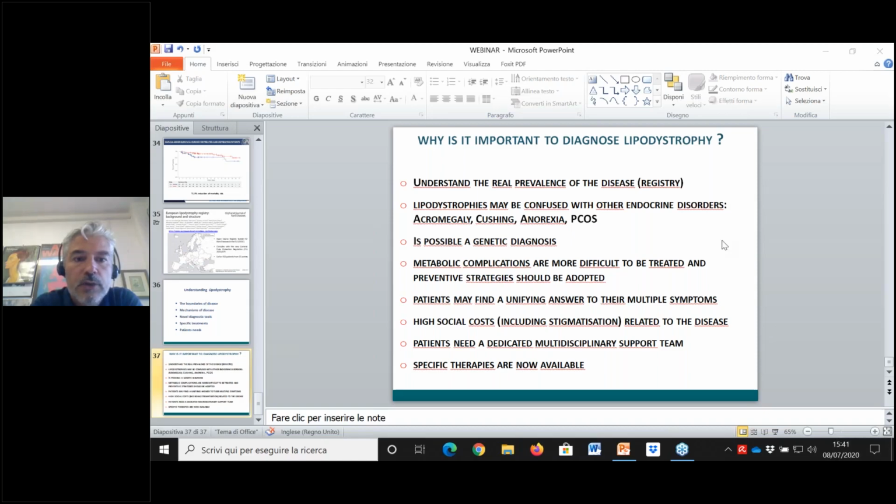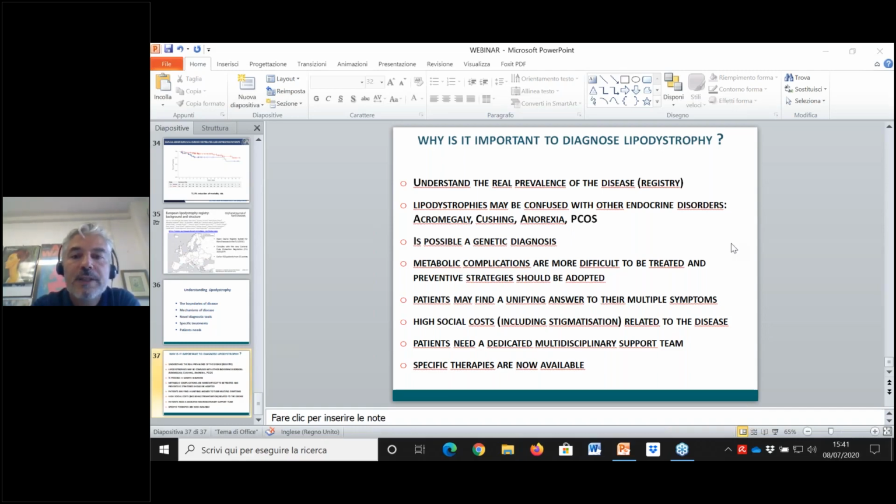Is there some association with other autoimmune diseases? Yes, pretty much all of them in acquired lipodystrophy, especially in generalized acquired lipodystrophy. Pretty much every autoimmune disease, starting from type 1 diabetes, celiac disease, autoimmune liver disorders, lupus, sclerodermia, and so on.